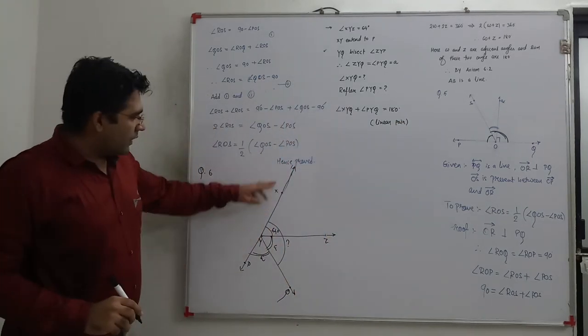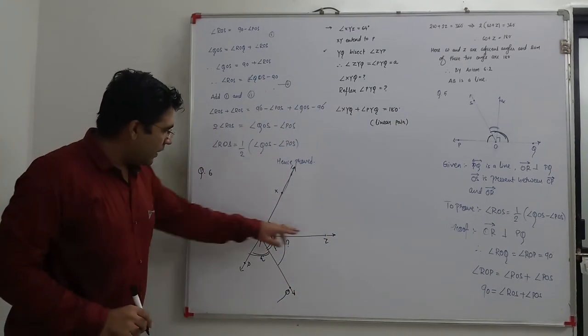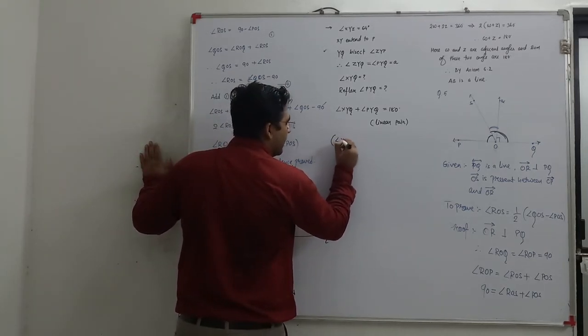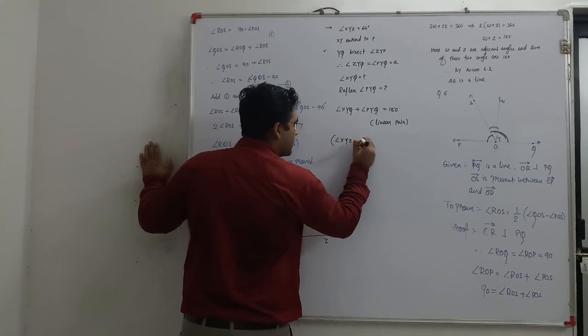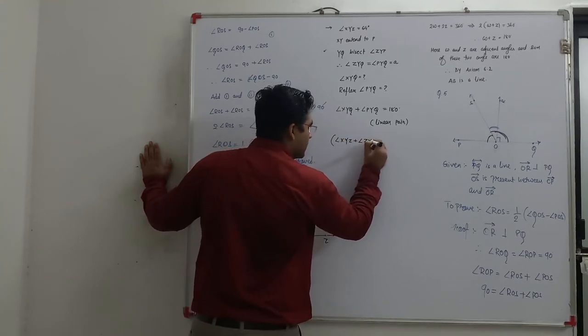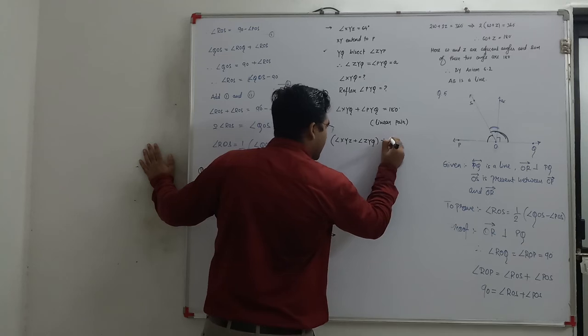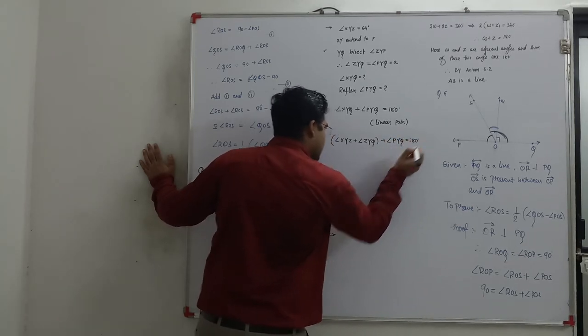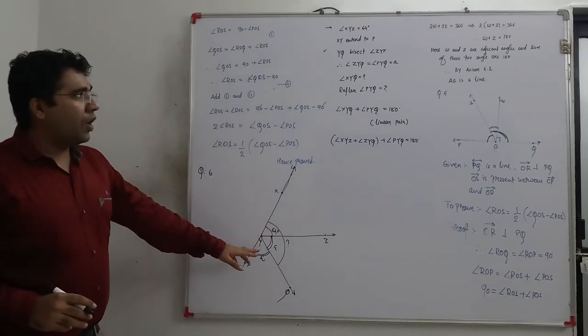What is XYQ? XYQ is equal to XYZ plus ZYQ. Here I can write: angle XYZ plus angle ZYQ plus angle PYQ is equal to 180. Now, here we have all the values.